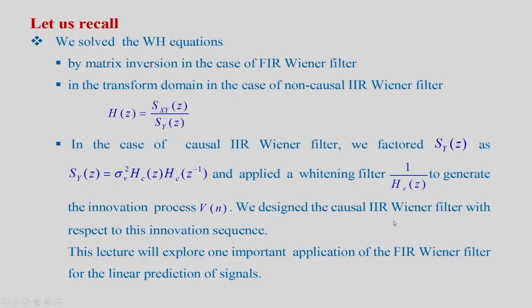We designed the causal IIR filter with respect to this innovation sequence. This lecture will explore one important application of the FIR Wiener filter for the linear prediction of signals.